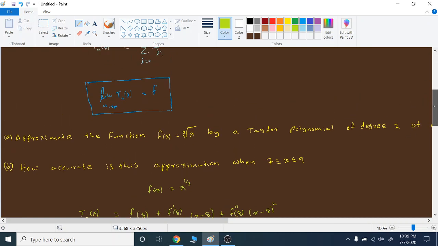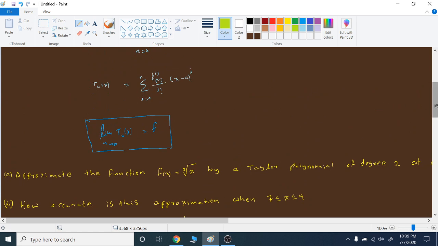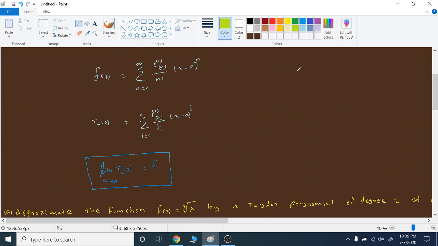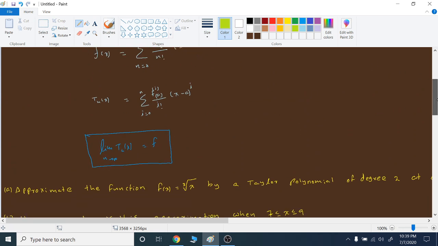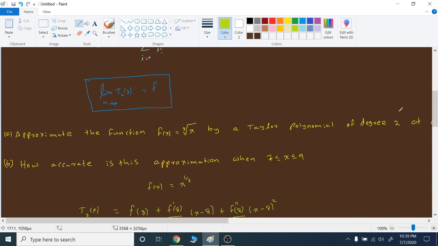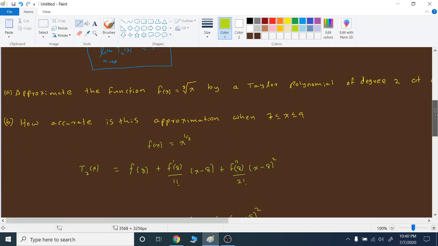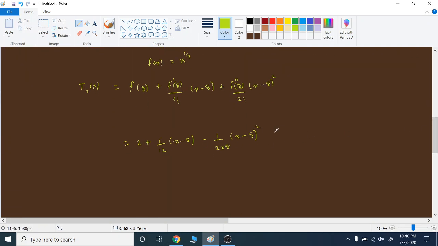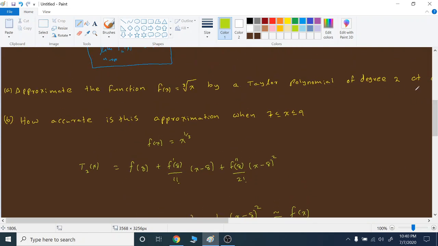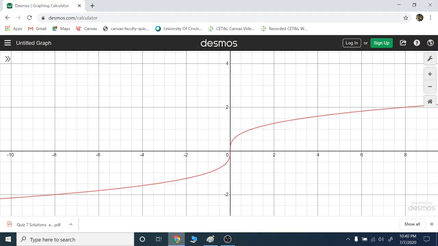Now the original function was the Taylor series, which is this one, and that had an infinite number of terms, but now we are going to suppose that the function is equal to the Taylor polynomial of degree 2. Now this is our approximation. We are doing this because they have asked us to do so. And now let's see what will happen if we plot the graphs, right?